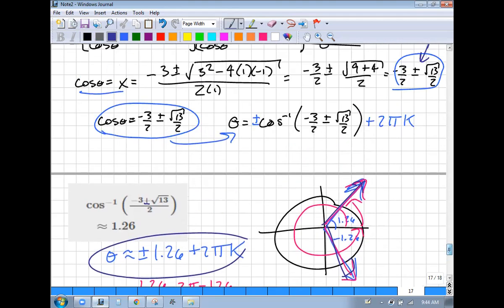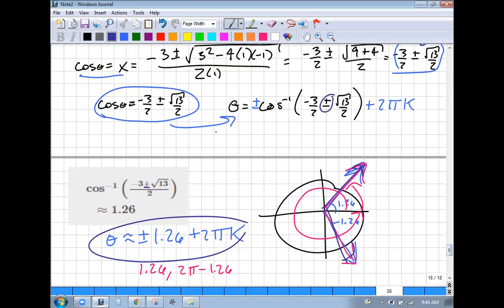So we really need this other one, cosine inverse of negative root 3 over 2 minus. So we need one with the plus and one with the minus. Gives you a whole another set of solutions.